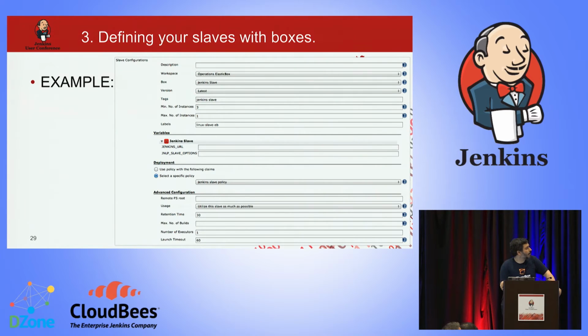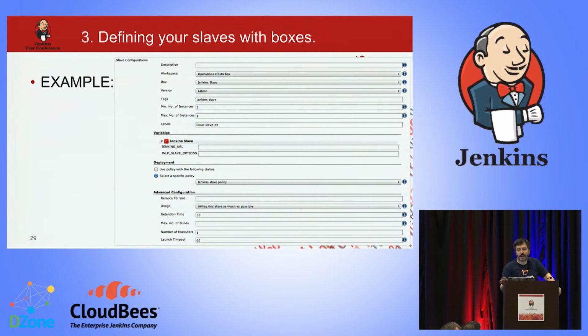Okay, so once I have created the slave as a box, here is the configuration that I can do from Jenkins to the slave. I need to give the slave a description, of course. Then I can specify the workspace, which is the grouping mechanism that we have in Elasticbox to group boxes and instances. Then I can specify the box.